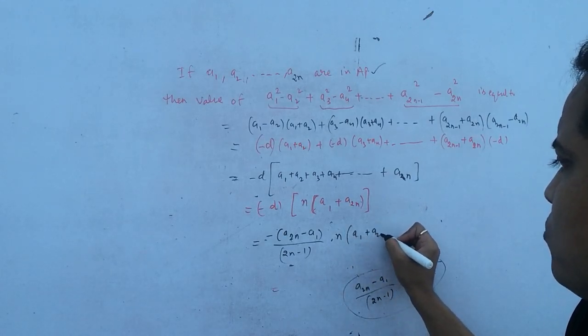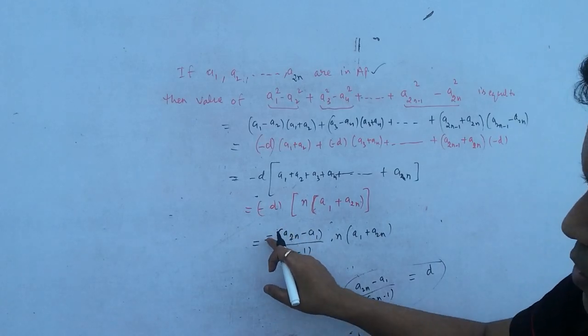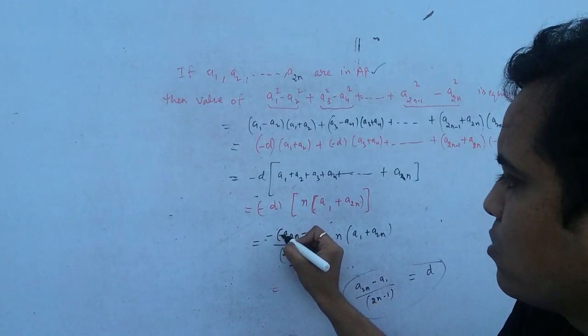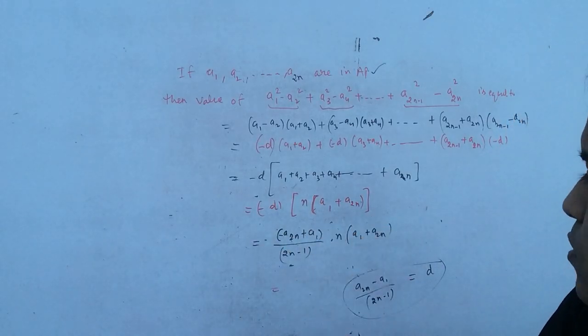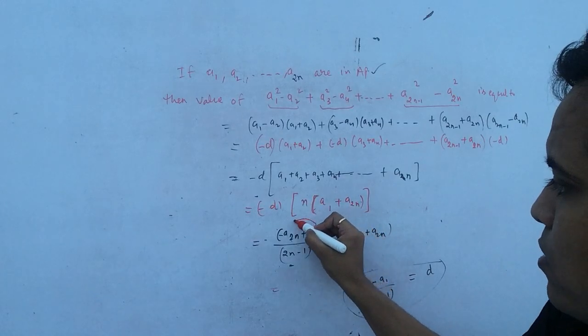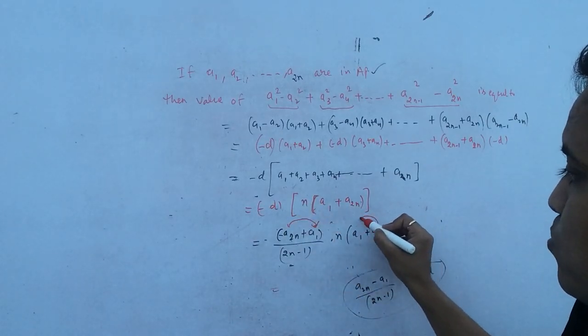a1 plus a2n. So can we, yeah, we can shift here this minus inside, so we would get here minus a2n plus a1, okay. So you have a plus b, a minus b and a plus b, okay.